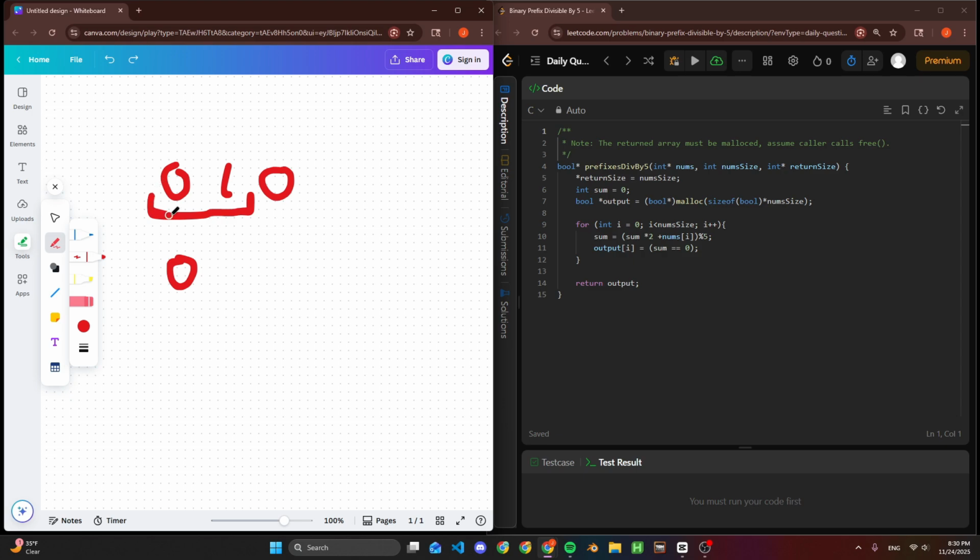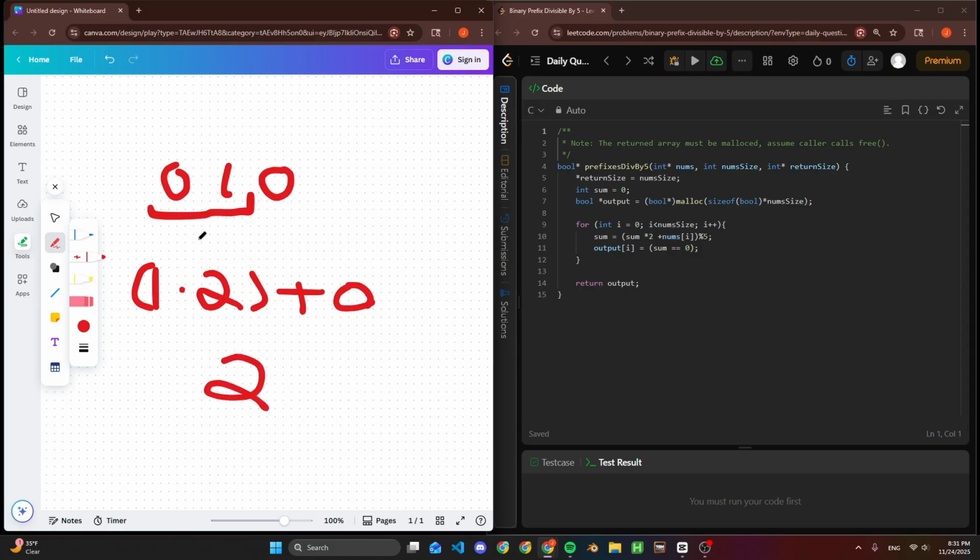And then to read this one, it would be 0, which is the previous one, times 2, plus the binary digit, which is 1. So then you would get 1. And then you would do the previous, which is the 1 that we got, so it would be 1 times 2 plus 0, which we would get 2.